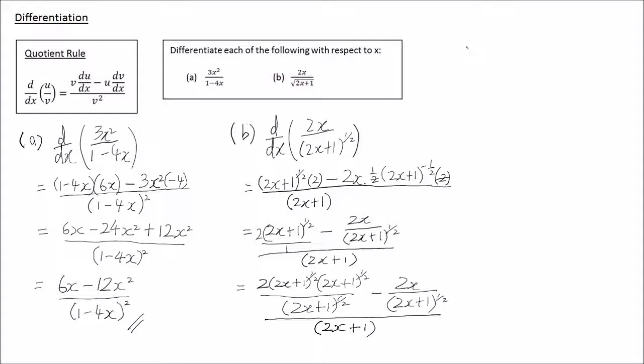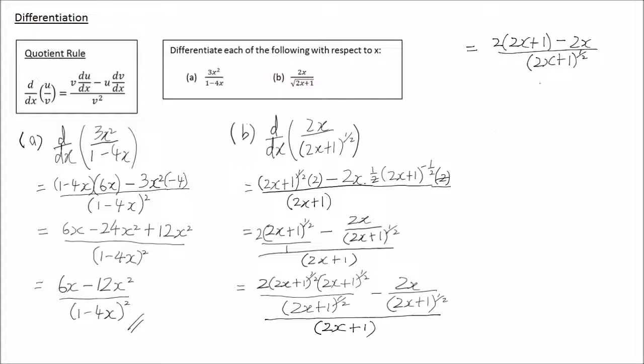So continuing here, I have 2 multiplied by this bracket raised to the power 1, minus 2x, over this bracket to the power of half.